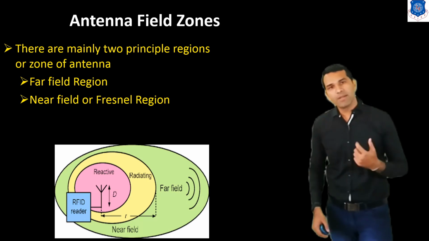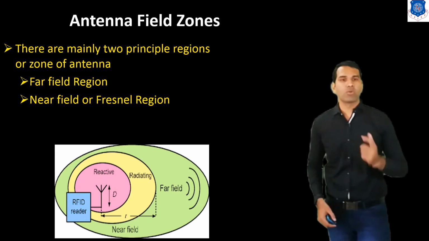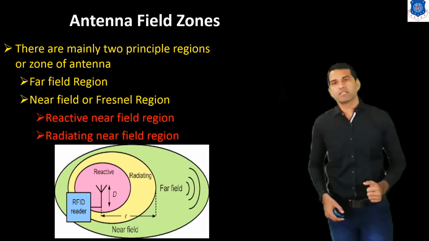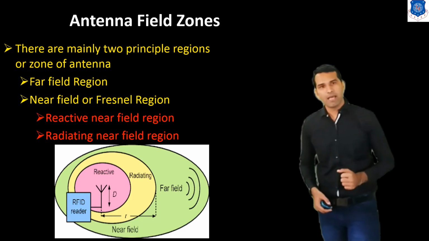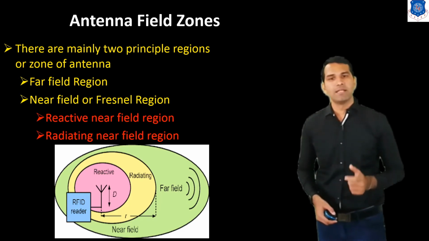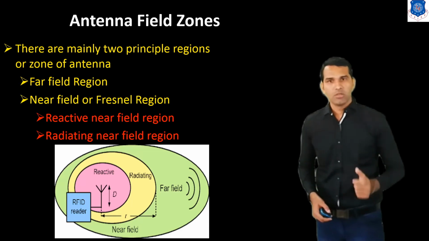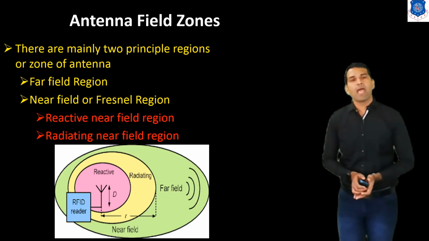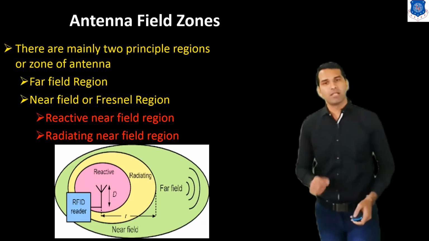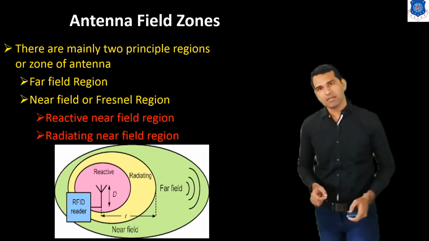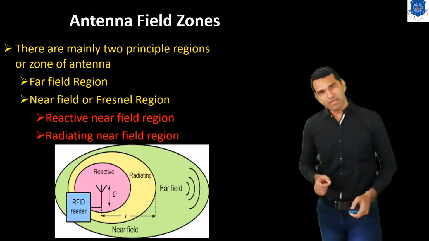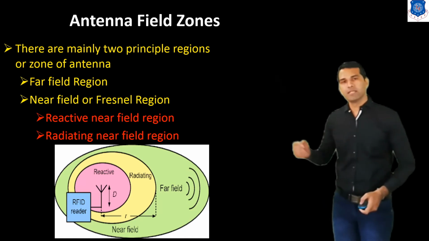Now the near field region is also divided into two categories. The first one is the reactive near field region and the second one is the radiating near field region. So we can classify the antenna region into mainly three categories: far field region, reactive near field region, and radiating near field region.